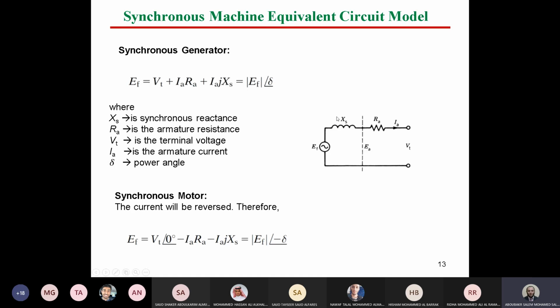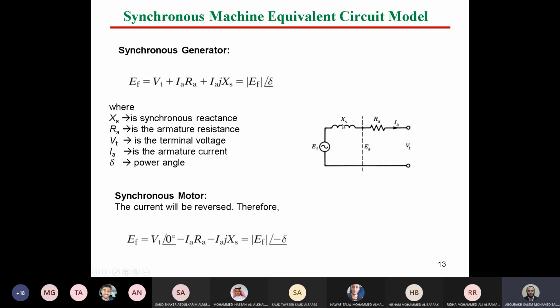Synchronous reactance is the summation of two main parts, the self and the mutual effect of the windings. Self, which is XL, and mutual due to armature reaction. So it's two parts. However, all of the time we will interact only with XS, and in all problems the synchronous reactance will be given.